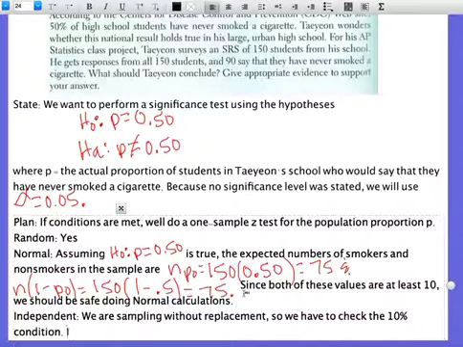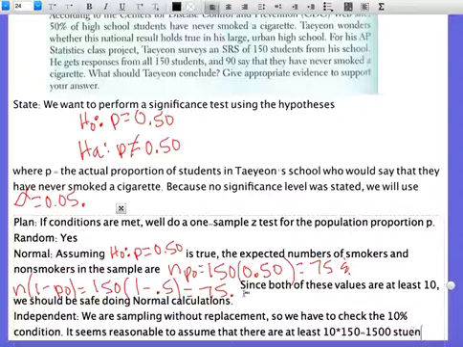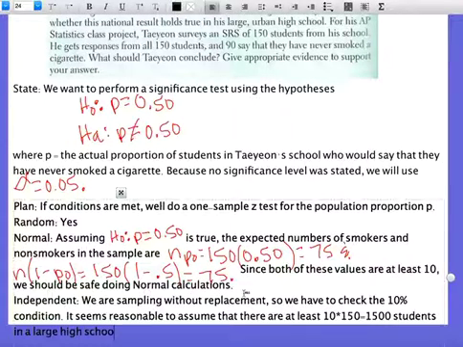So it seems reasonable to assume that there are at least 10 times 150, which is equal to 1,500 students in a large high school. So remember, it tells you that he's from a large urban school, so it's probably safe to assume that there's 1,500 students that go to that school.